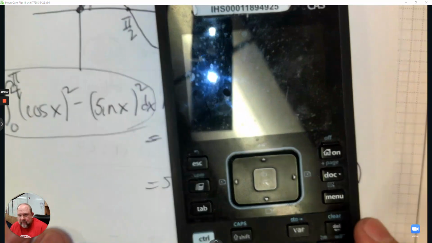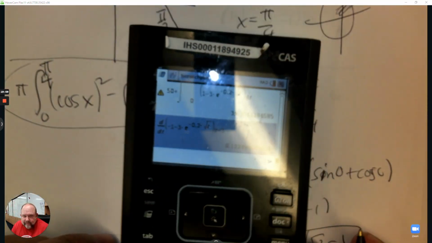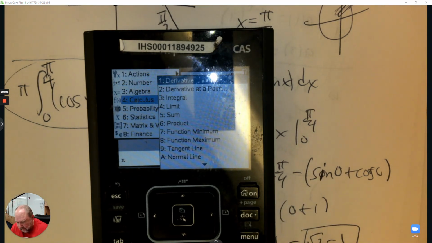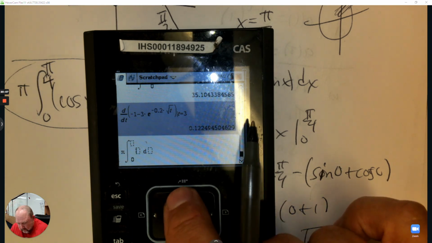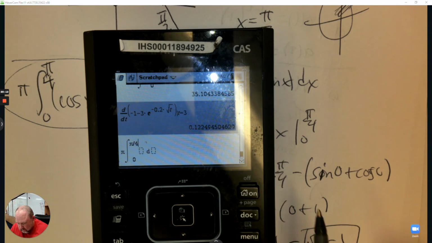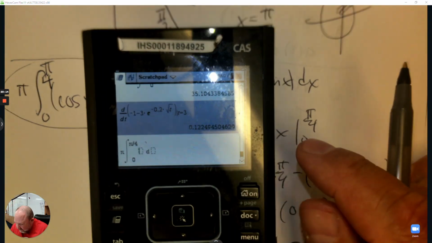I'll do it with you so you can see it. So that's pi, calculus, integrate from 0 to pi over 4. And then, what do we have?